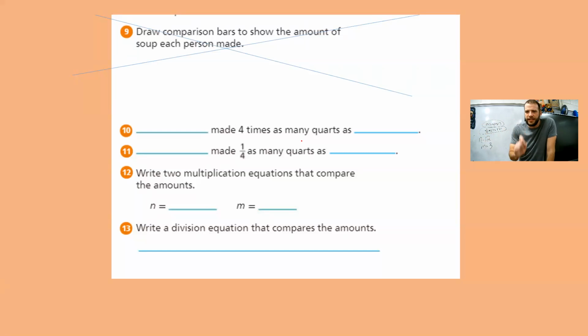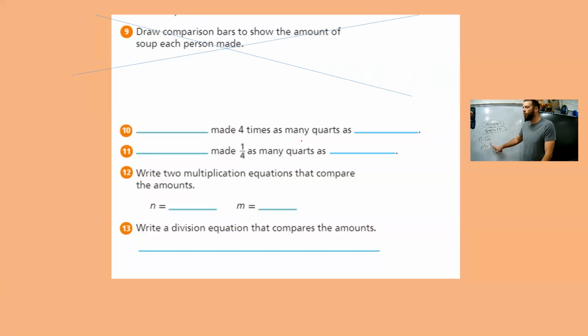In all reality, today's lesson, you just need to understand how to multiply fractions. If you are understanding that, you are good. So blank makes 4 times as many quarts as blank. We know that answer. We know that Natasha makes 4 times as many quarts as Manuel. Blank made 1/4 as many quarts as blank. Okay, so 1/4 means a smaller amount.